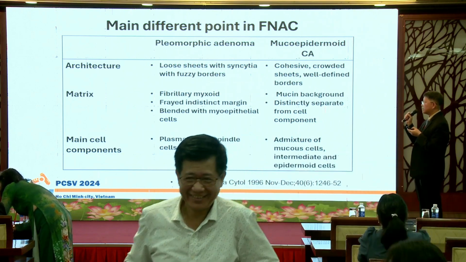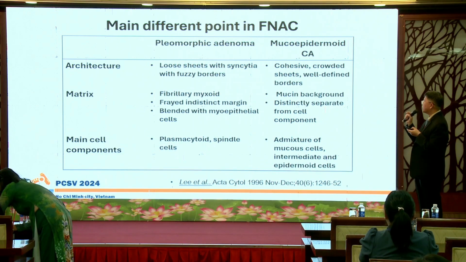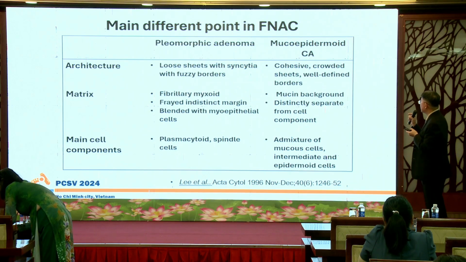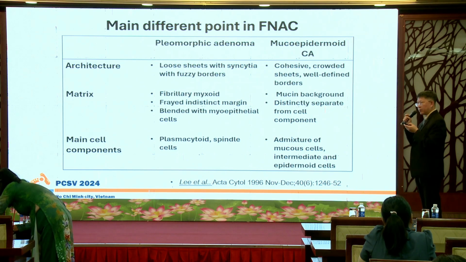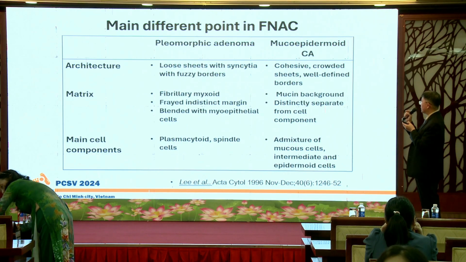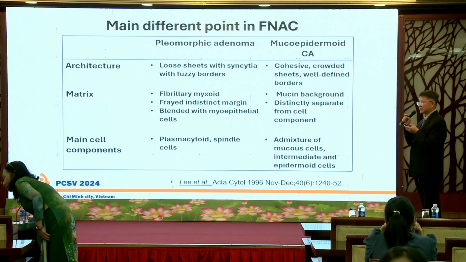For architecture, pleomorphic adenoma has a loose, syncytial pattern of cells with fuzzy borders, while in mucoepidermoid carcinoma the cells tend to be more cohesive, not a loose arrangement like pleomorphic adenoma, and each cell group has well-defined borders, which I will show you later.